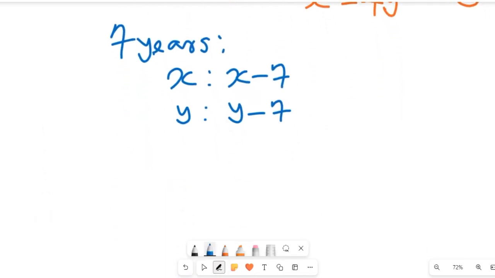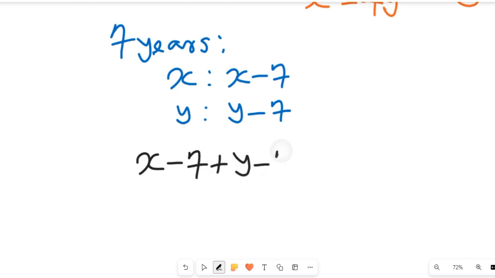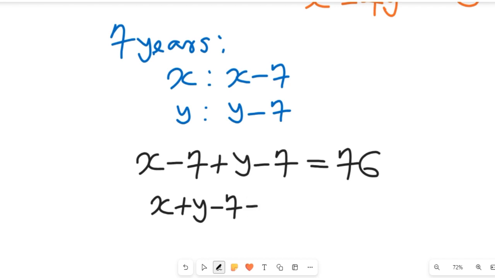The question says the sum of their ages 7 years ago is 76. So we have X minus 7 plus Y minus 7 equal to 76. If we simplify this, we have X plus Y minus 14 equal to 76.